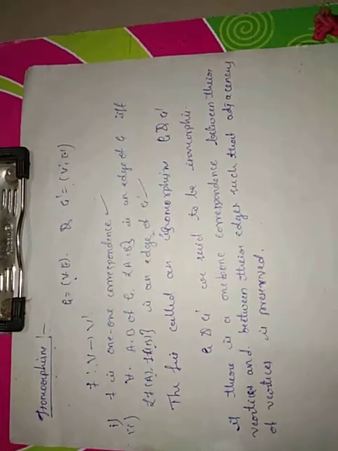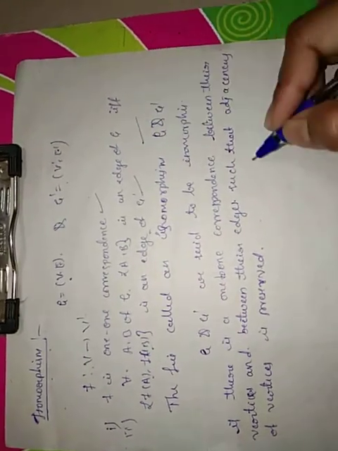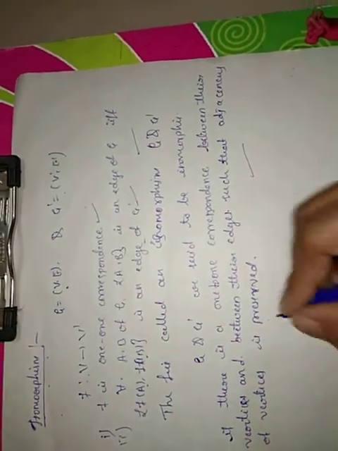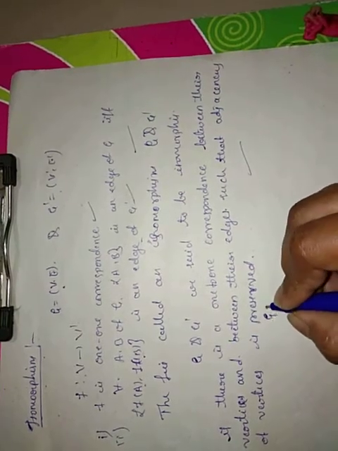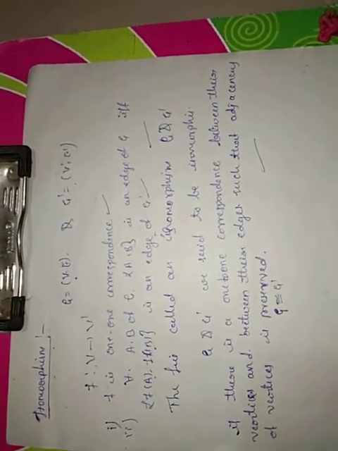Then we say that G and G dash are isomorphic. This is also the definition. If G and G dash are isomorphic, we denote it like this.